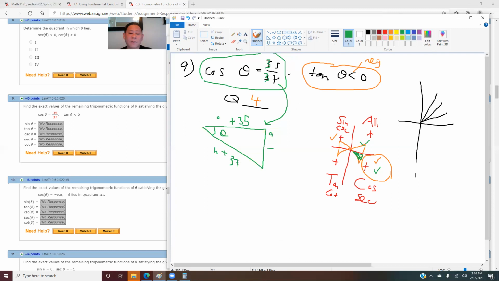So how do you figure out your opposite? You do 35 squared plus b squared equals 37 squared. You go find it. I'm not doing the work, you do the work. Yeah, I got you. Because this is what your test looks like.